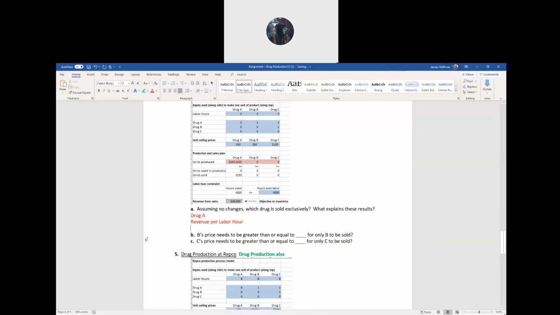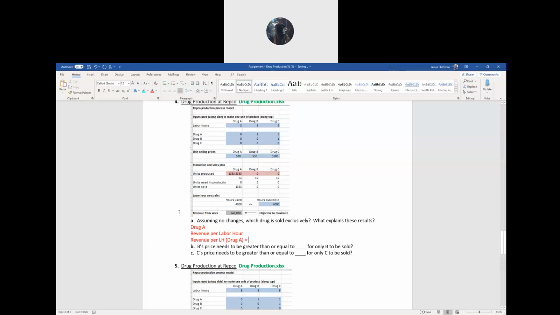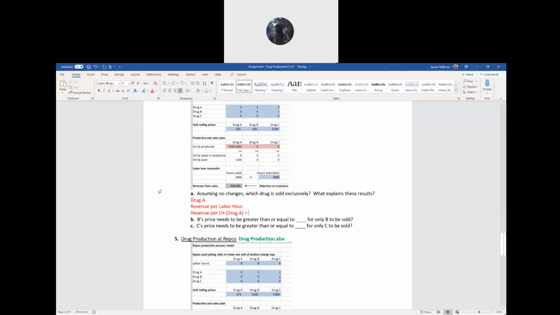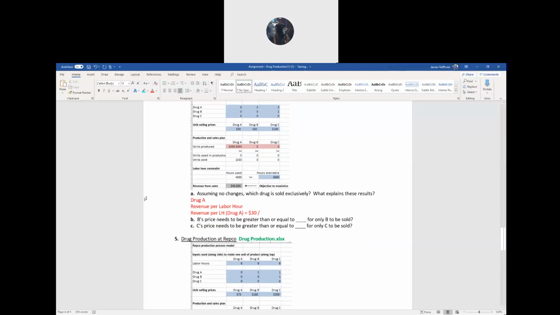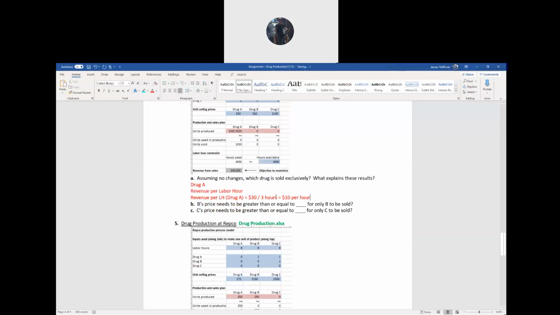And what is the revenue per labor hour? Let's calculate that for drug A. Drug A's price is 30, and it takes 3 hours to make a drug A. So that means that the revenue per labor hour drug A is giving us is $10 per hour, which must mean the other two drugs are giving us less.